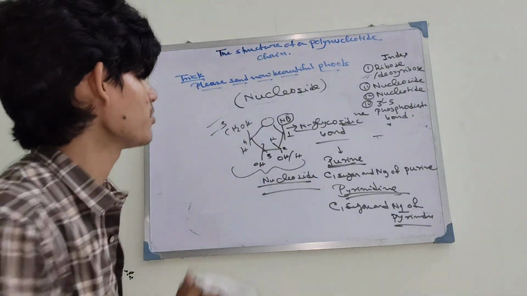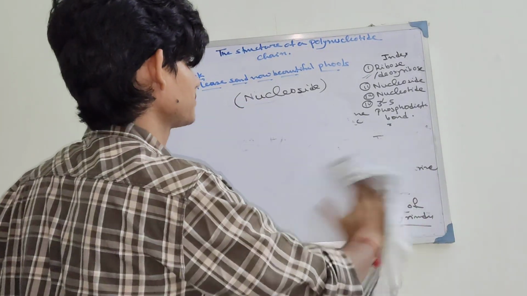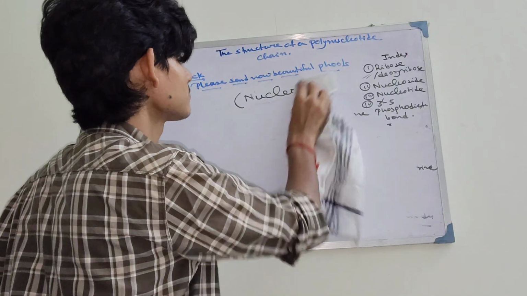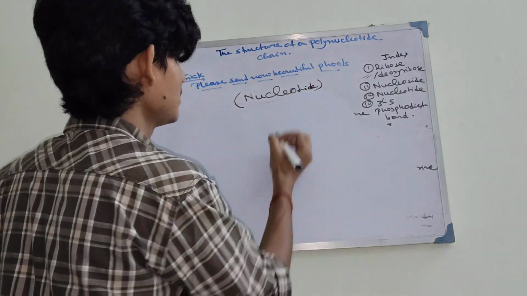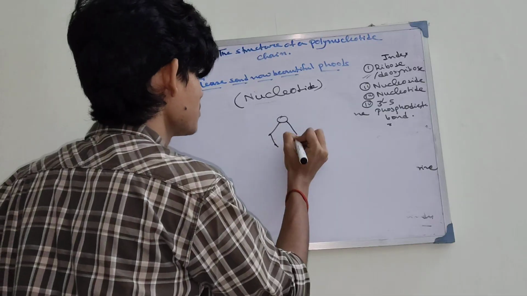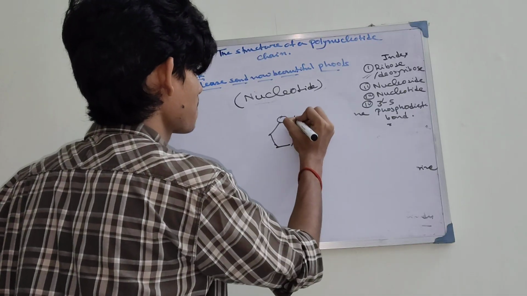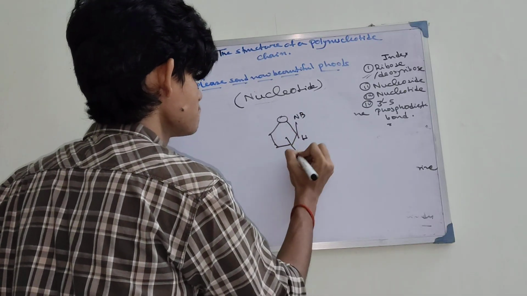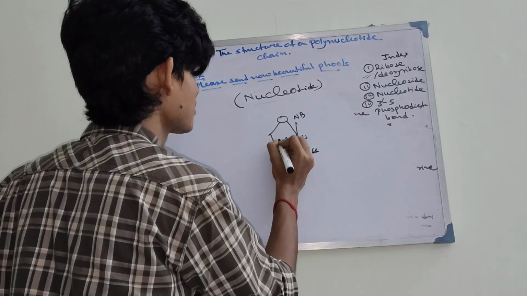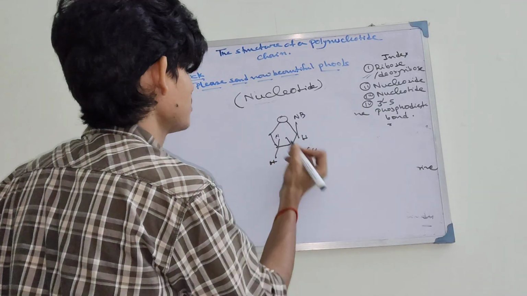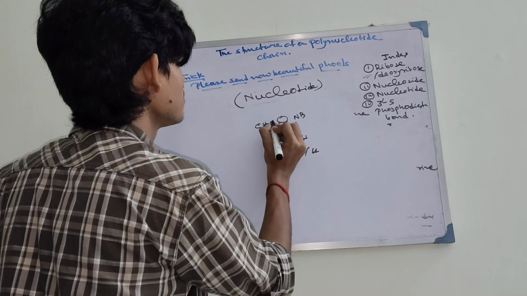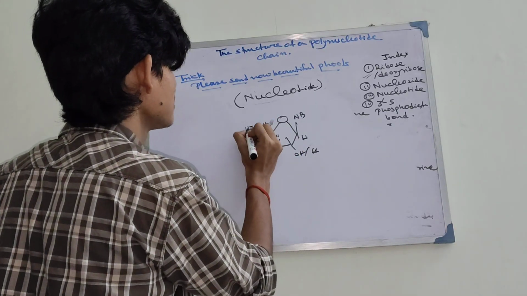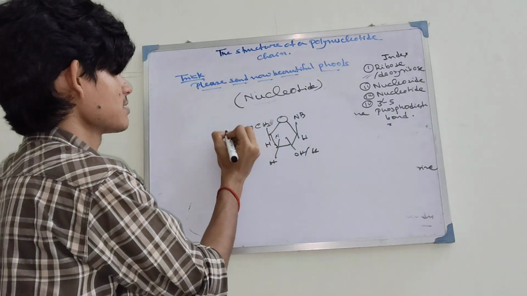Now we'll make a nucleotide. So let's take a nucleoside again, with OH or H at carbon 2 depending on RNA or DNA. Here we know CH2OH is present. We will add a phosphate.